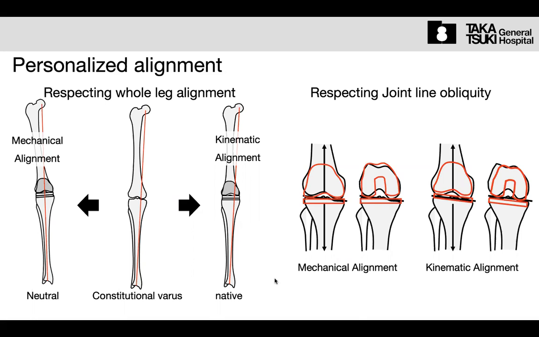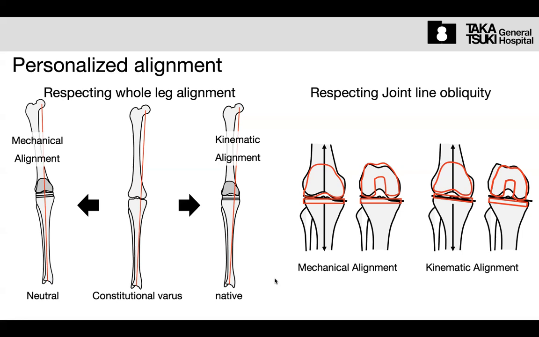So the leg alignment and component alignment can vary among patients. It depends on the patient's native leg alignment and joint line obliquity. But in mechanical alignment, all patients are set at the same alignment, both leg and components.